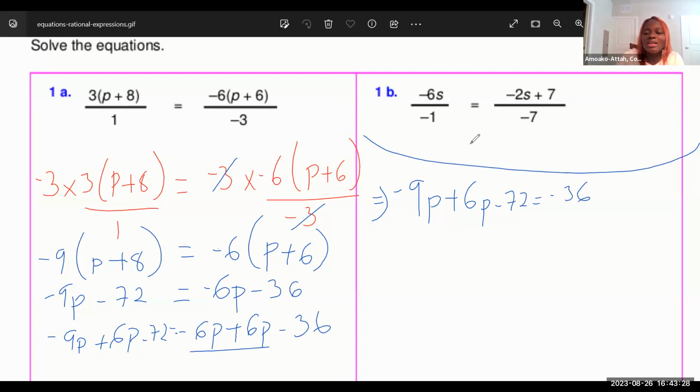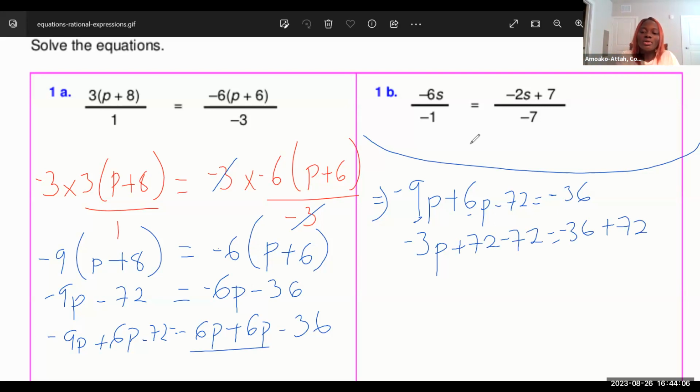So this is giving us negative 3p, because negative 9 plus 6 will give us negative 3, then a p. Minus 72, we need to take the 72 to join its partner, which is at negative 36. So what do we do? We add 72 to each side of the equation. So it means plus 72, and we bring our minus 72 equals negative 36 plus 72.